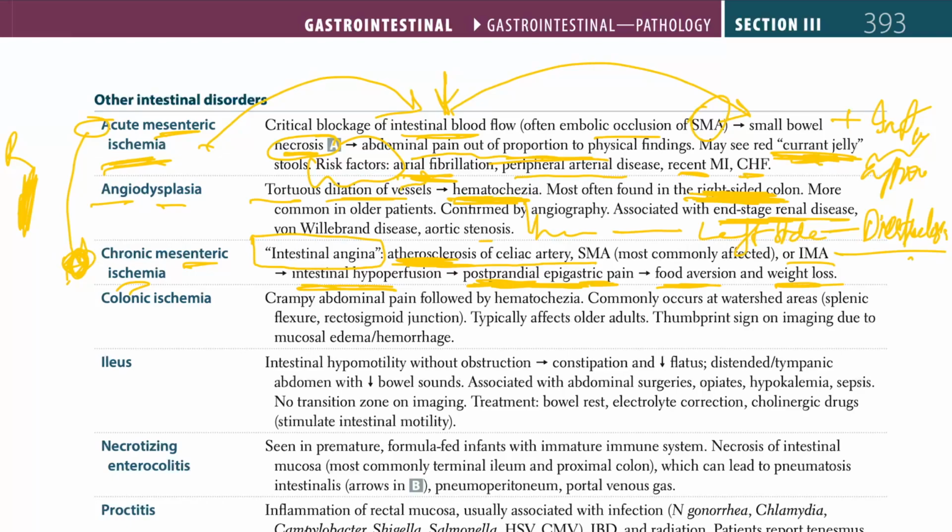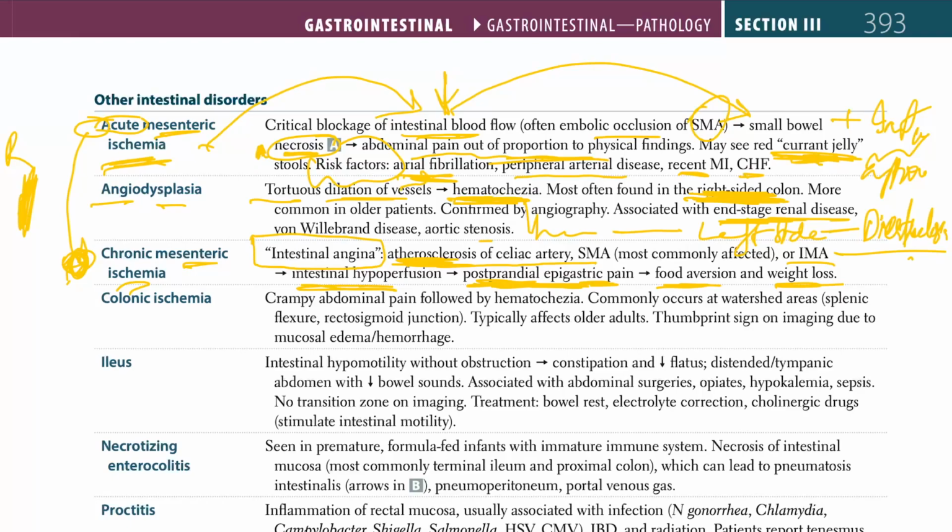Why chronic? Look at acute. If you have acute mesenteric ischemia, right away there's a necrosis of your small bowel. You have necrosis, you have extreme pain, because of the necrosis. But in the chronic, you have pain as you eat.